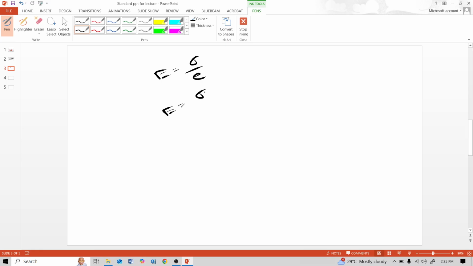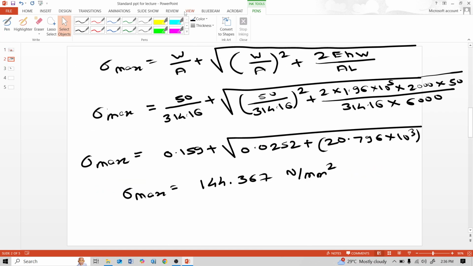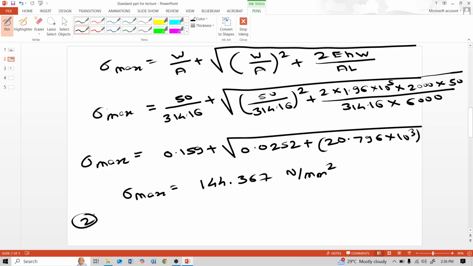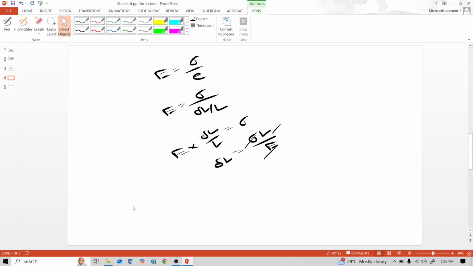E is equal to stress upon delta L upon L. E into delta L upon L is equal to stress, and delta L is equal to sigma L upon E. So we have sigma, we have L, and we have E. So use this formula: delta L is equal to sigma L upon E. But we don't have this delta L here.